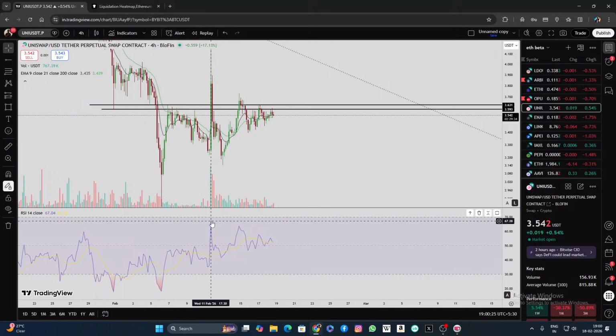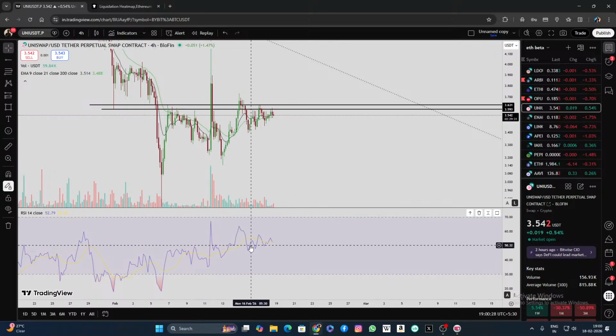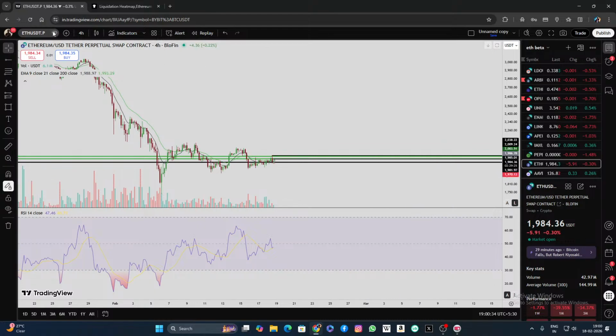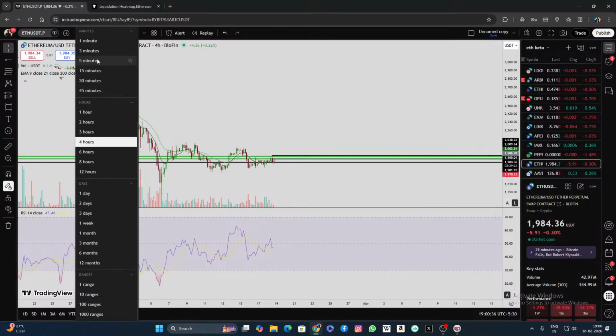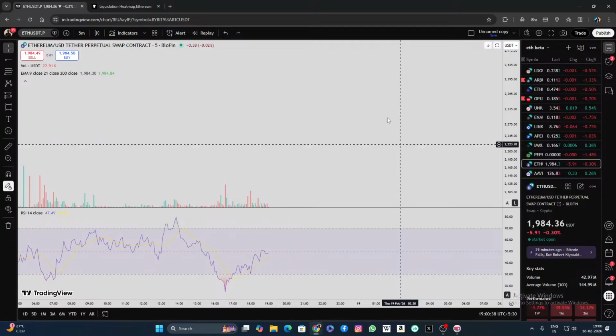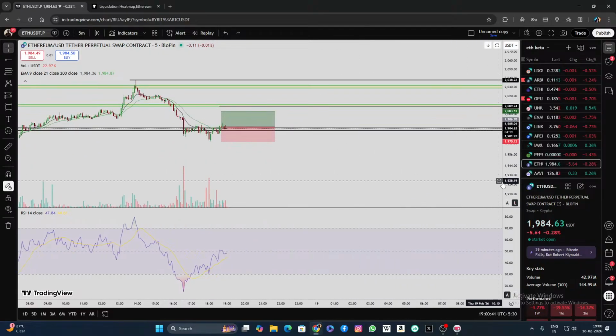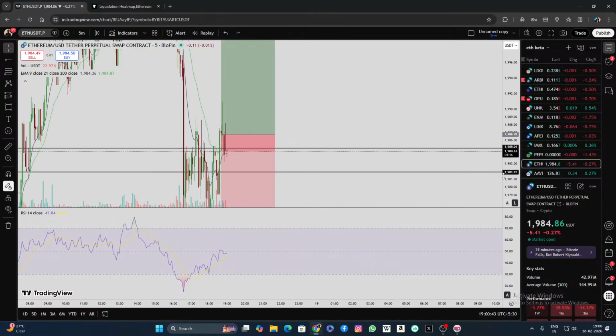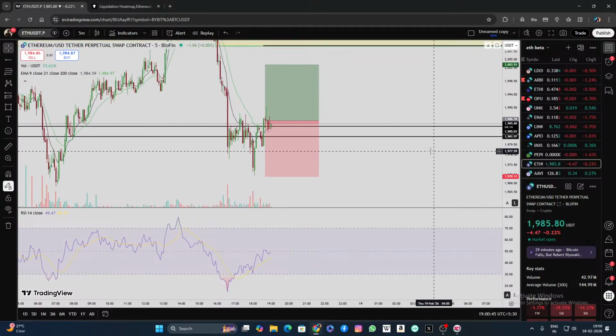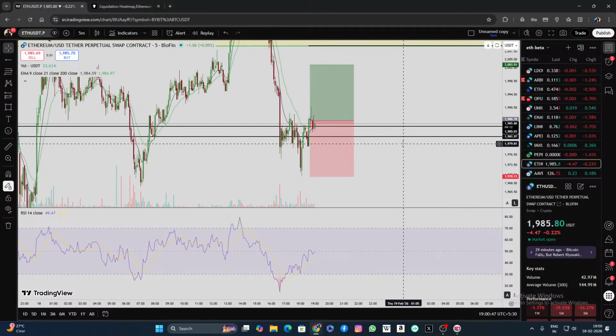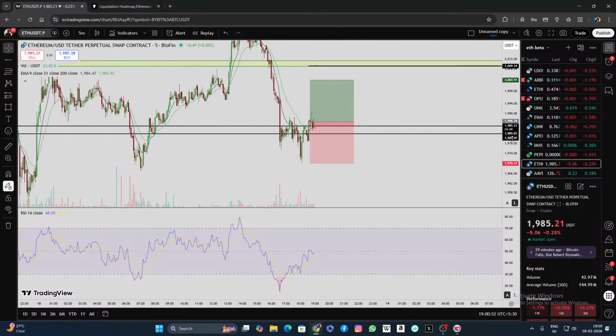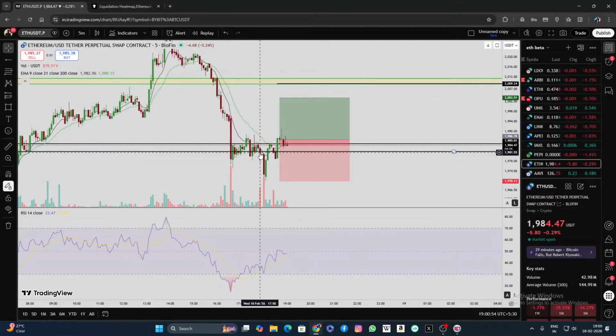RSI is also been. Let's see what happened to our ETH. Just a close below 1982, this level, I will close it. For now, it's taking support from the EMA.